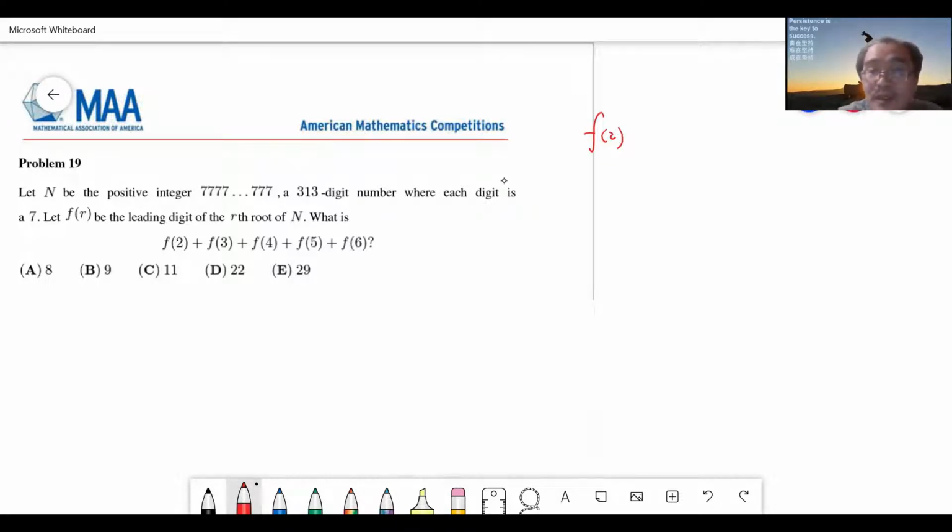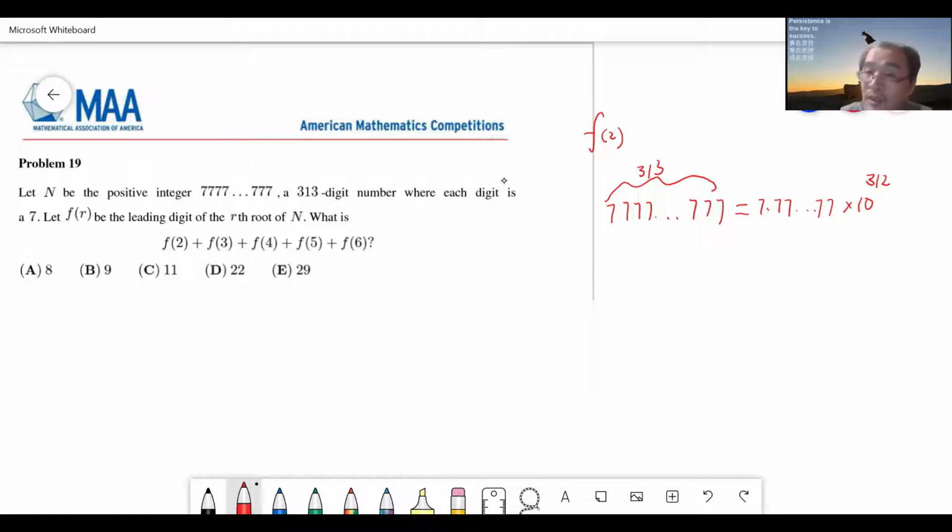So we're going to see this number is 7777...777, right? So here is a total of 313 digits of 7. So which can be written as 7.77...7 times 10 to the power 312.